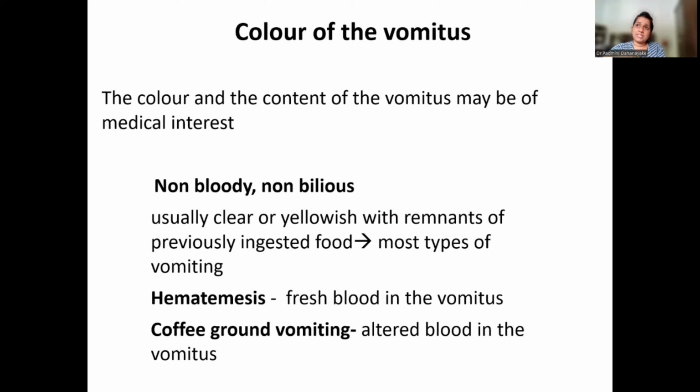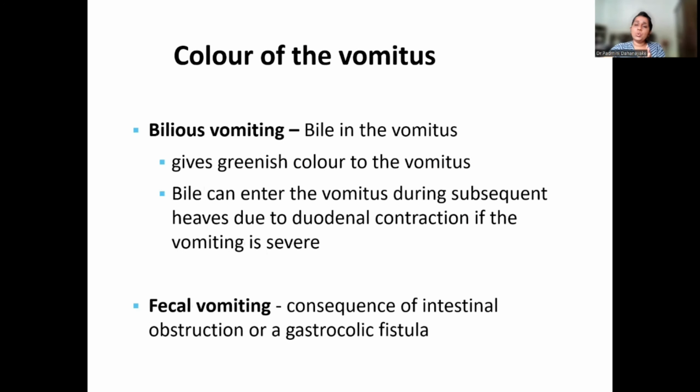And then hematemesis, that is another type. That is blood in the vomitus, somewhat serious. Fresh blood, okay? So the next one is coffee ground vomiting. That means your vomitus contains altered blood, resembling coffee grounds, okay? Then bilious vomiting. Bile in the vomitus gives it a greenish color. Bile is usually greenish, no?